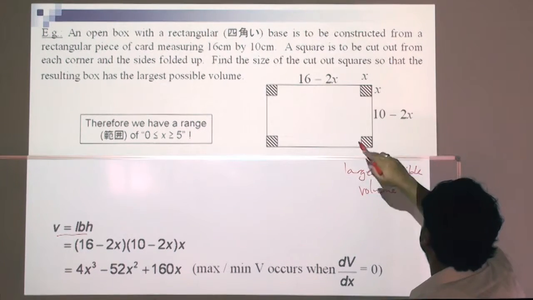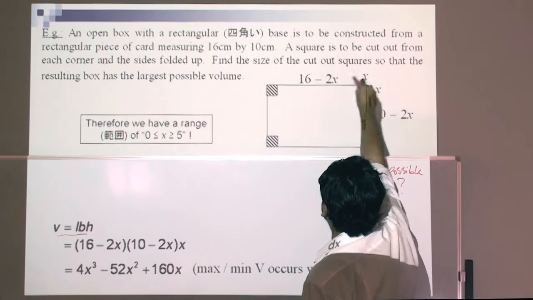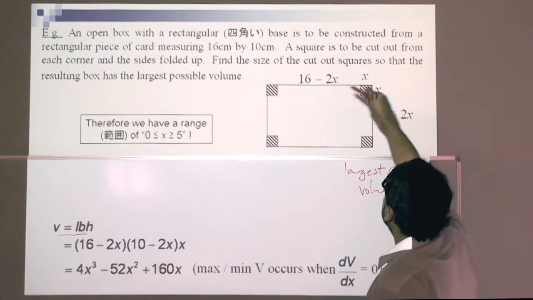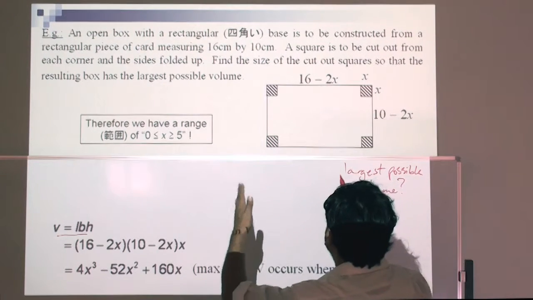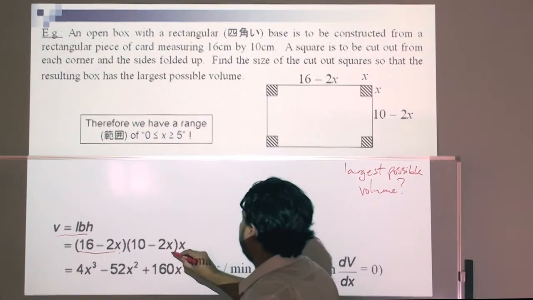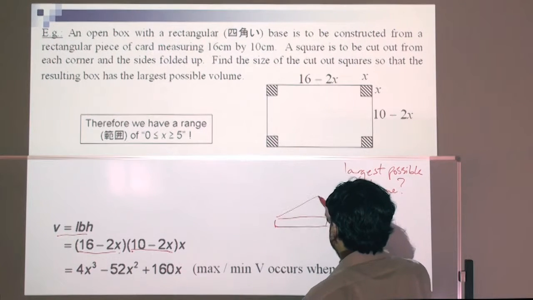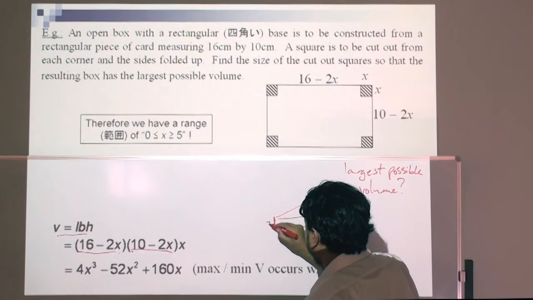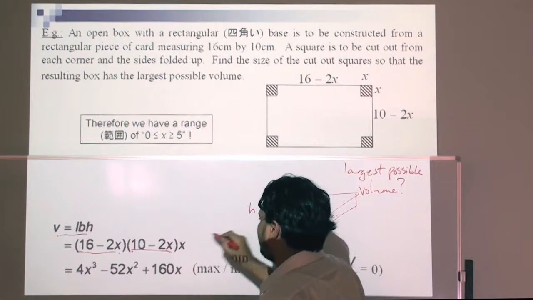So let's look at the length of the three sides. That side would be equivalent to 16 minus 2x, because we're going to cut here and there. And that would be 10 centimeters minus 2x, 1x, 2x. So one side is 16 minus 2x, the other side 10 minus 2x, and the height is x.